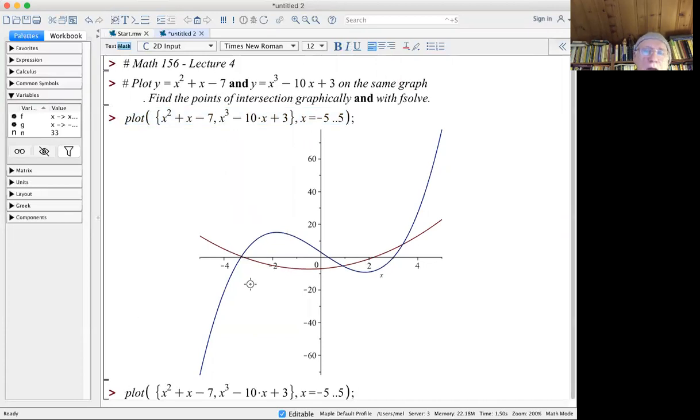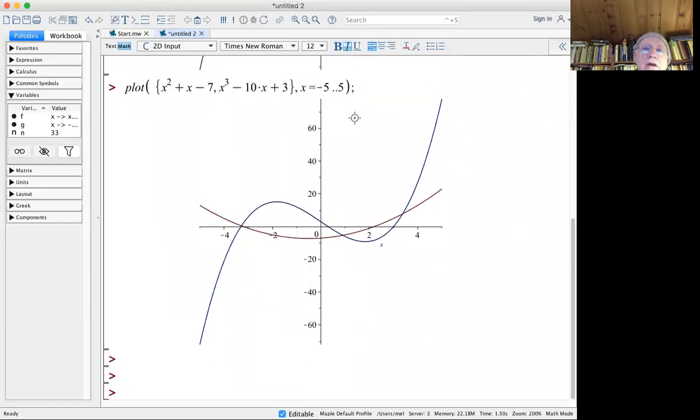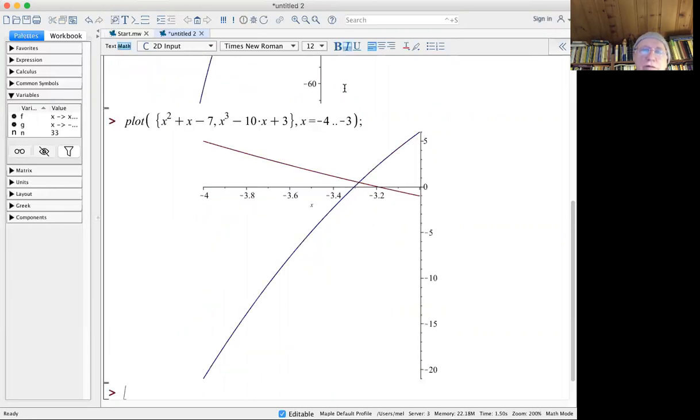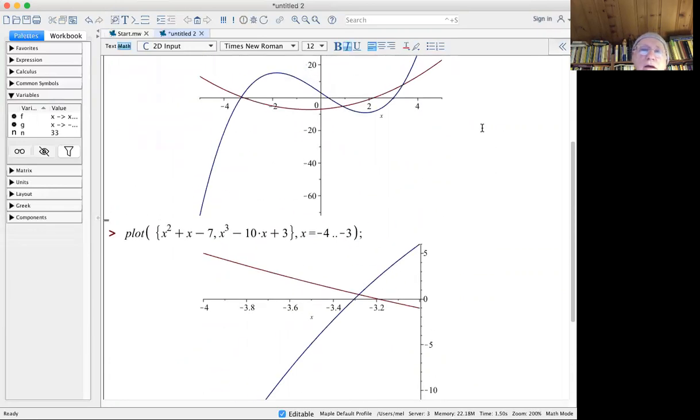For example, this point is between -4 and -3. So let me graph this from -4 to -3. I can see this point is really between -3.3 and -3.2.